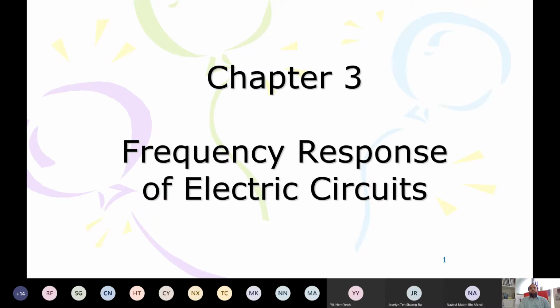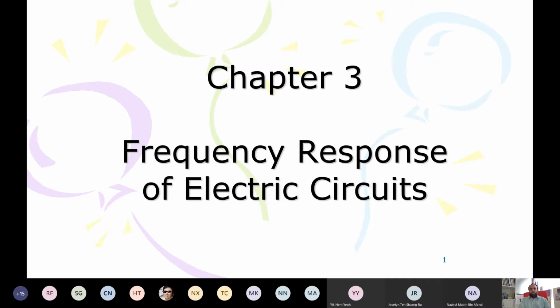So the resonant frequency occurs at a particular peak, and on both sides the power is less than the maximum. On both sides we have two frequencies at which the power is half of the maximum. We call them omega 1 and omega 2.